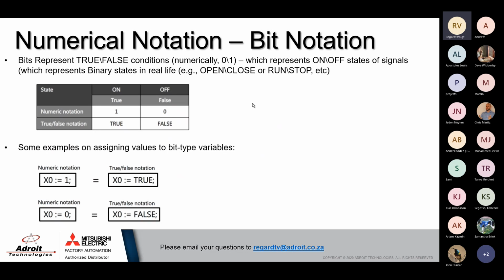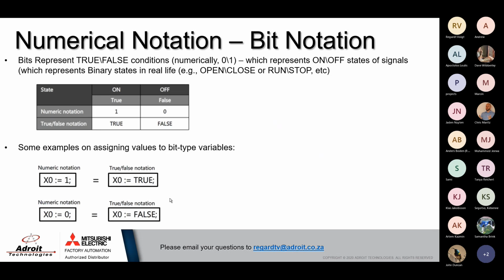In real life, which in your engineering value encoding, decoding would be your open and close or your run and stop, etc. So how this assignment will work is exactly the same, except you will use your X for inputs, Y for outputs, M for internal bits. And if you want to use D, that would be a bit to word conversion, which means you will have 16 bits. So you have to address each bit individually. But for basic applications, this should be the syntax to be used for an input or output.